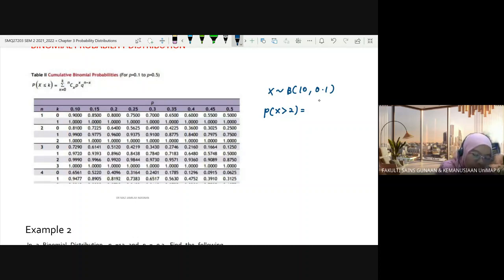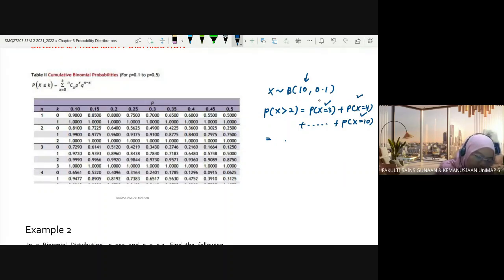Because the number of trials is 10, the number of successes will be P(X = 3) plus P(X = 4) until 10 successes, P(X = 10). You need to use the formula for each and every success here, so you will have to repeat it.